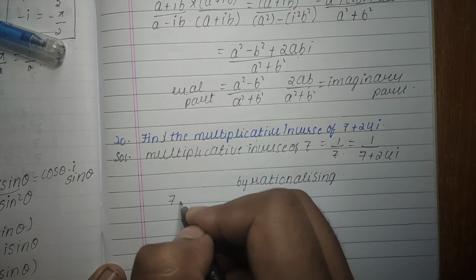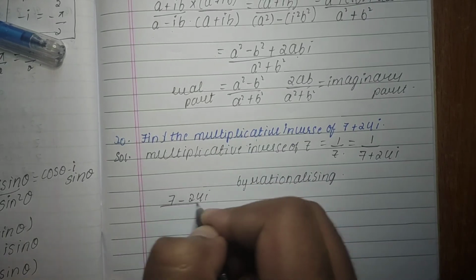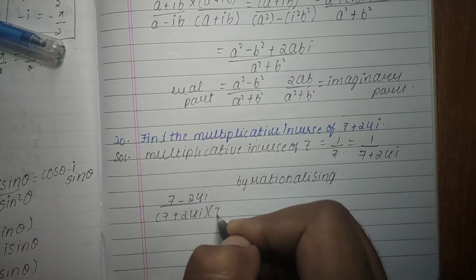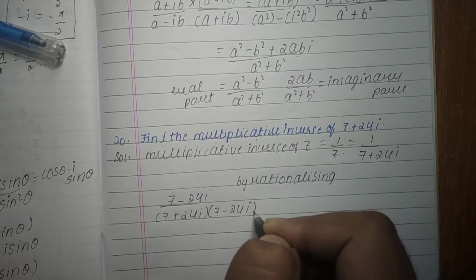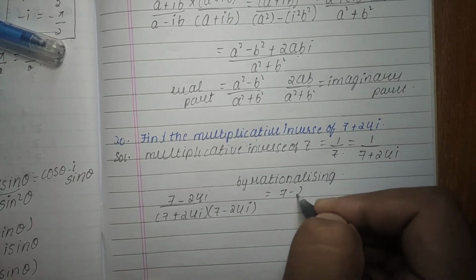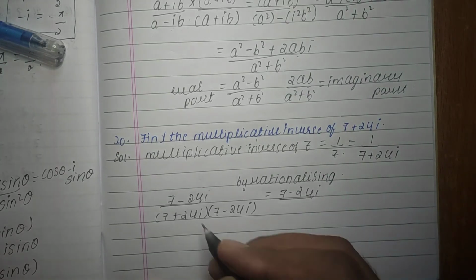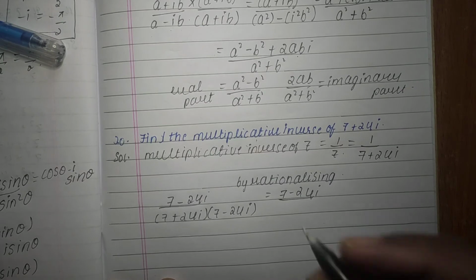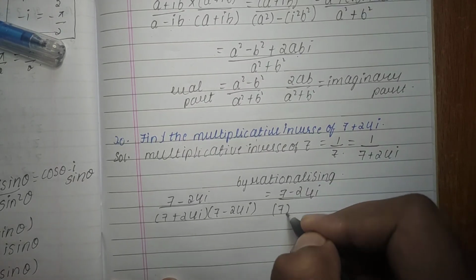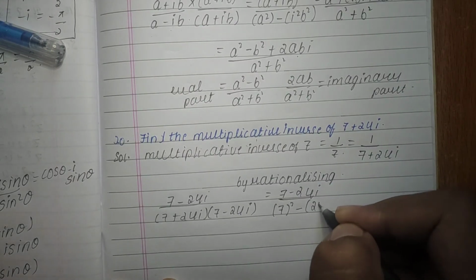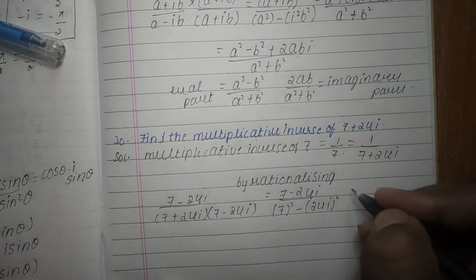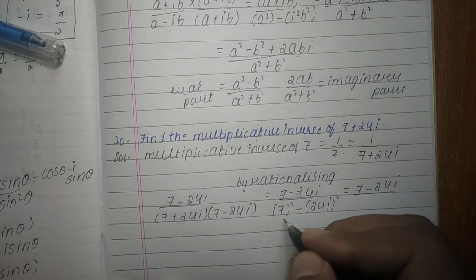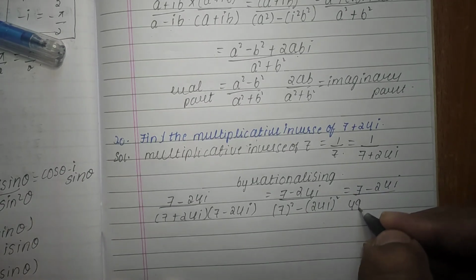That is 7 minus 24i by 7 plus 24i into 7 minus 24i. This is in the formula of a plus b into a minus b, which is a square minus b square. A square is 7 whole square minus 24i whole square. 7 minus 24i by 7 whole square is 49.